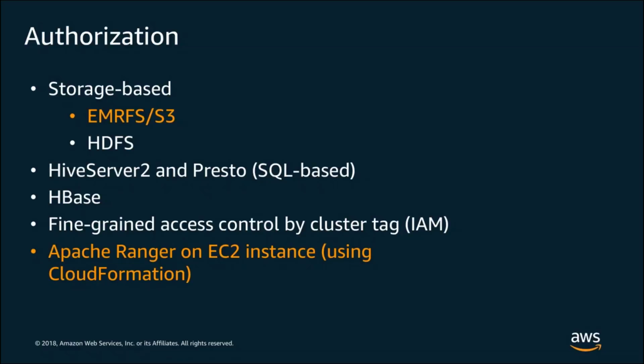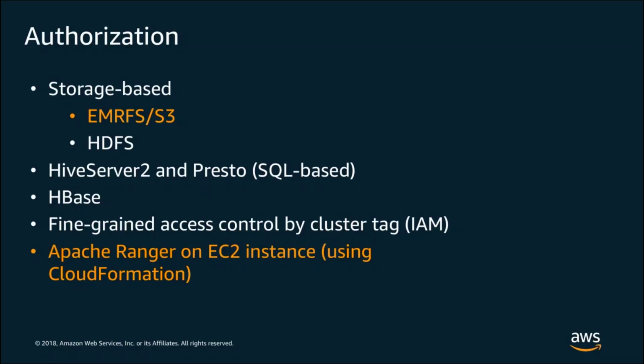You could also use SQL-based ACLs on Hive Server 2 and Presto to restrict users from accessing specific Hive tables. Similarly, for cluster level access, you can leverage fine-grained access control provided through cluster tags.